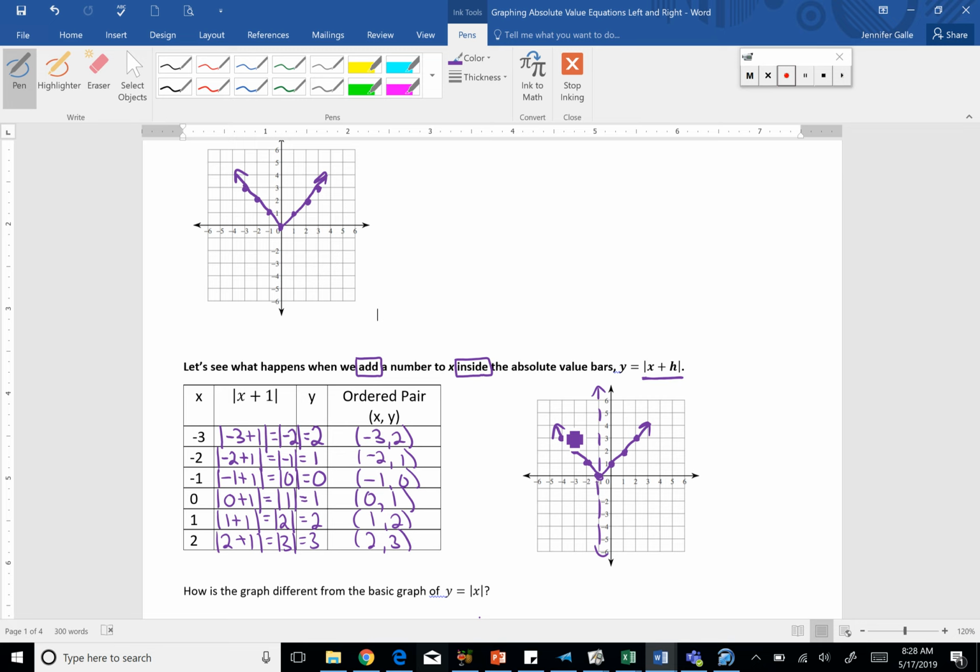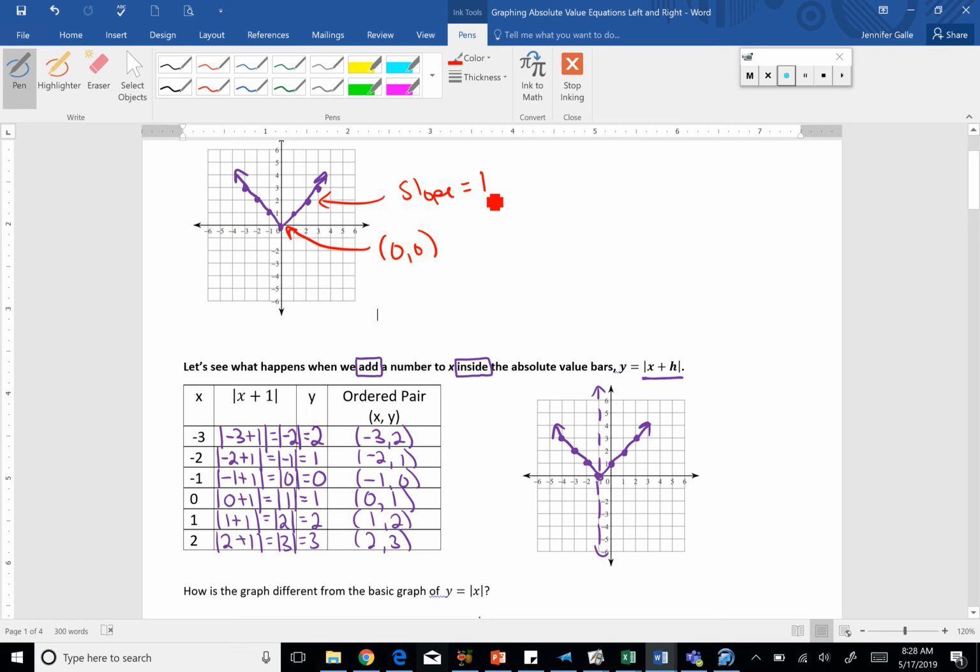All right, so what happened with our graph here? We see the original one up above. That vertex point is at 0, 0. The slope of the right side is 1.